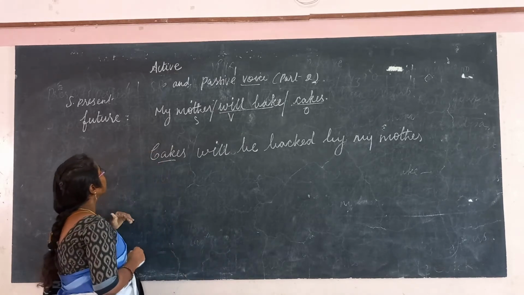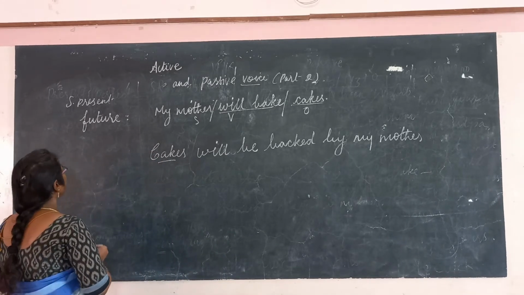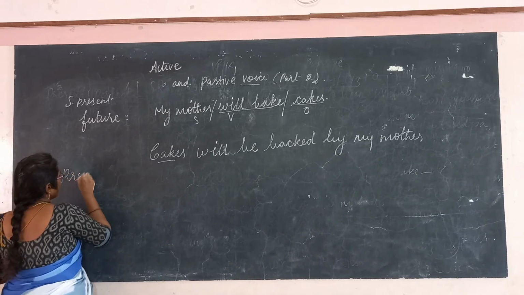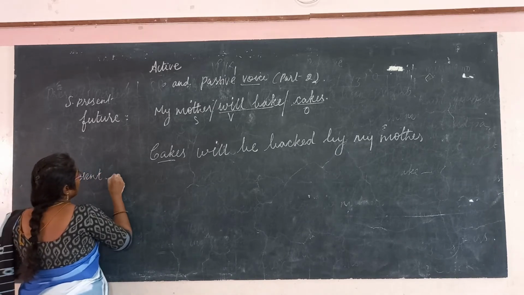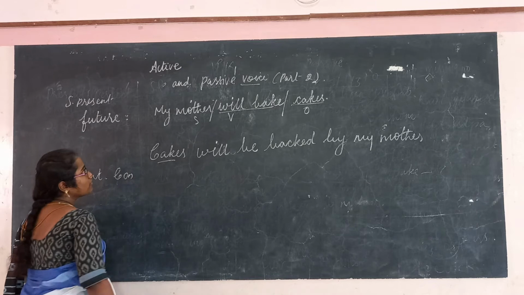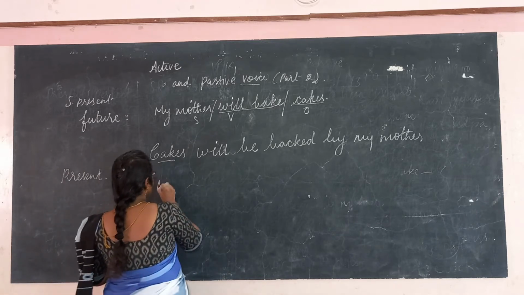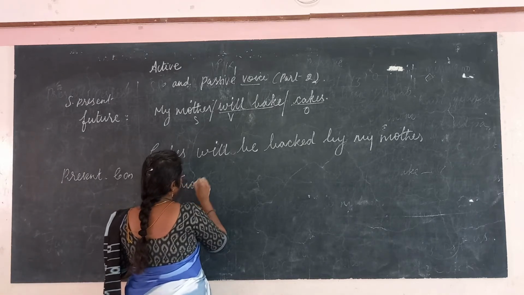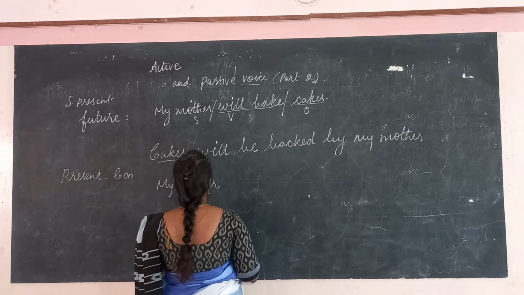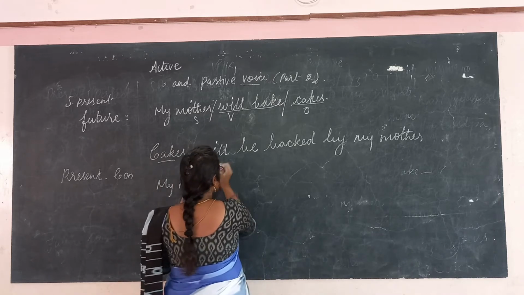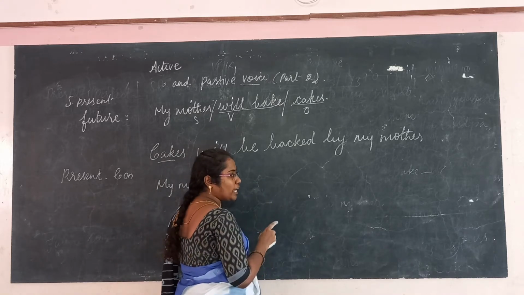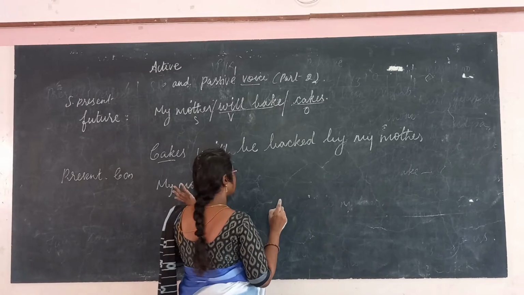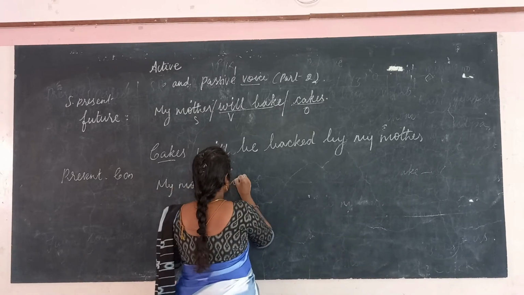Now let me move to the continuous tense, present continuous. For example, my mother. The present continuous structure is subject plus is or am. Here my mother is third person singular, so is.